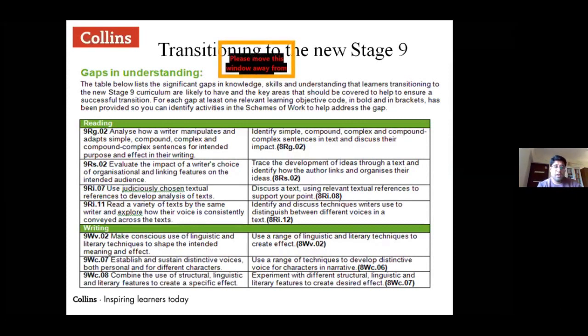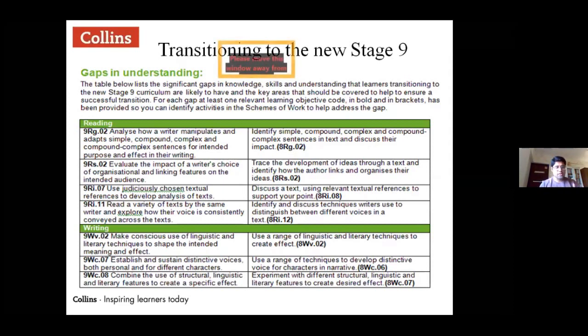Of course, a wide range of sentence structures. That is something they have emphasized over here: identifying simple, compound, complex, and compound-complex sentences. Why has the writer used a simple sentence over here? Why has the writer used complex sentences over here? What is the purpose?